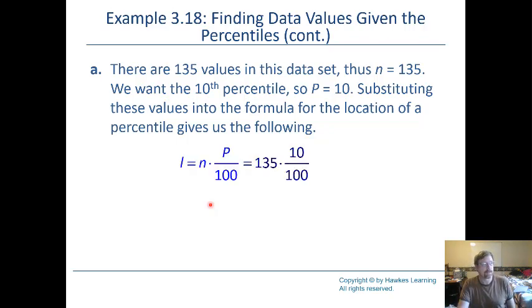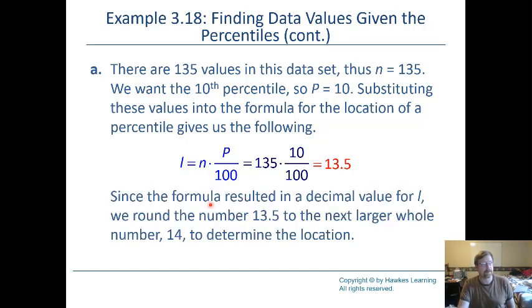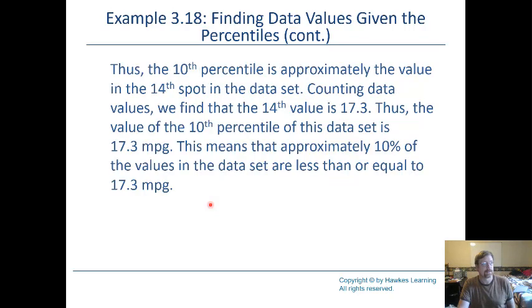Plug that in. We get 13.5, round up to 14. We find that the 14th value is 17.3. Approximately 10% of the values are less than or equal to 17.3, which is what that percentile means.